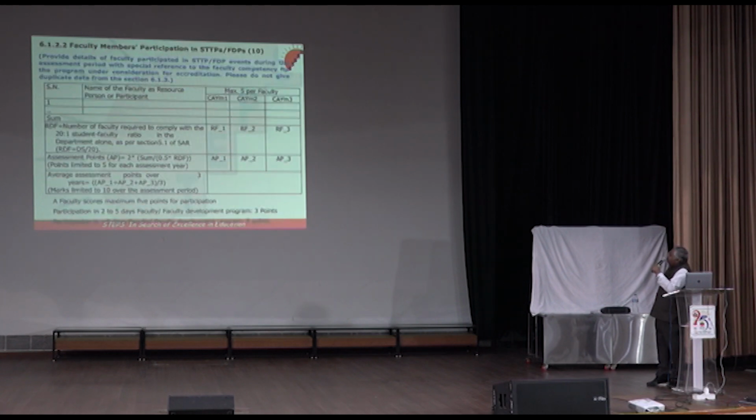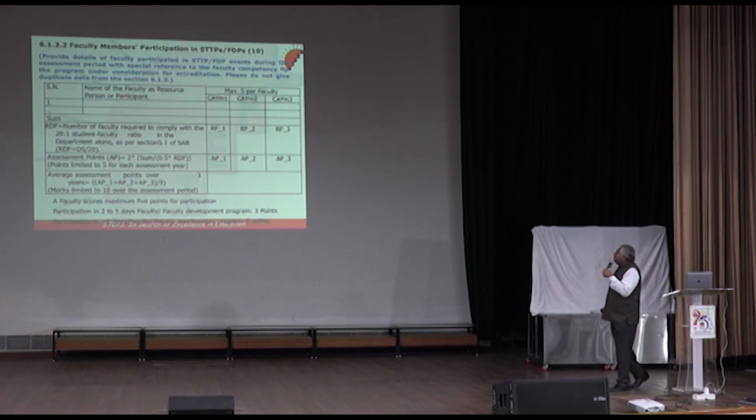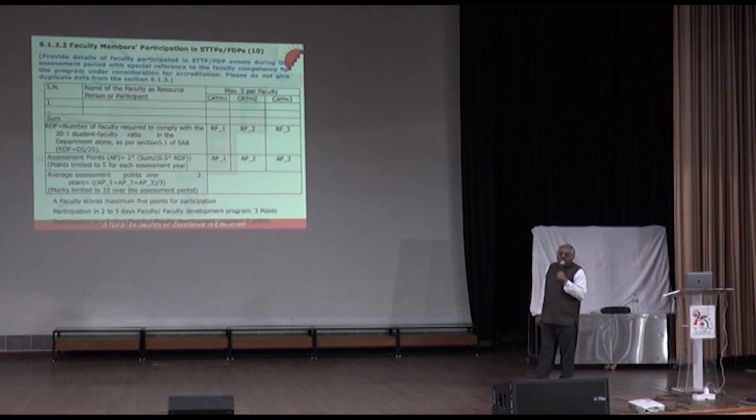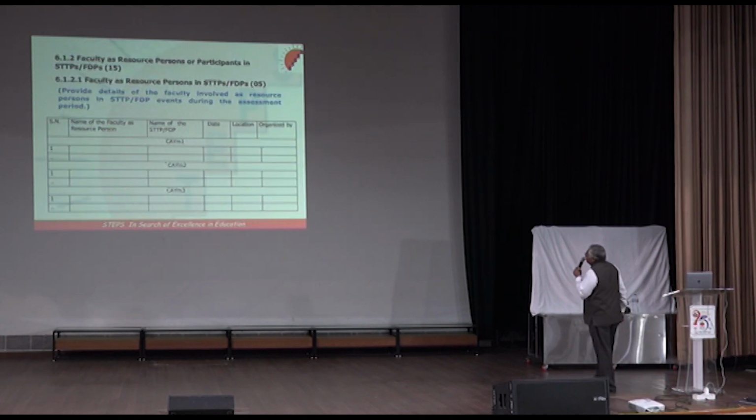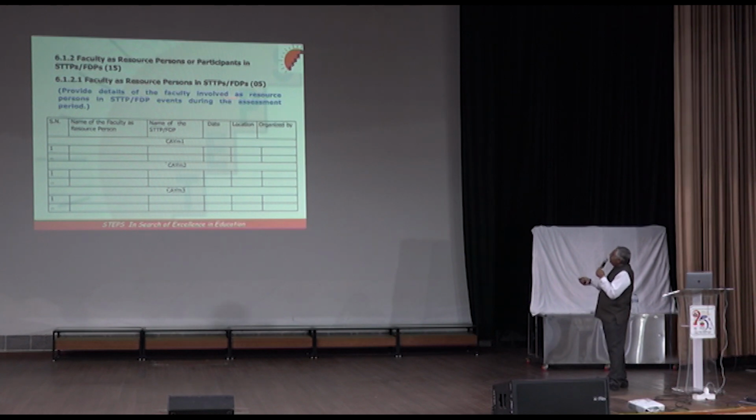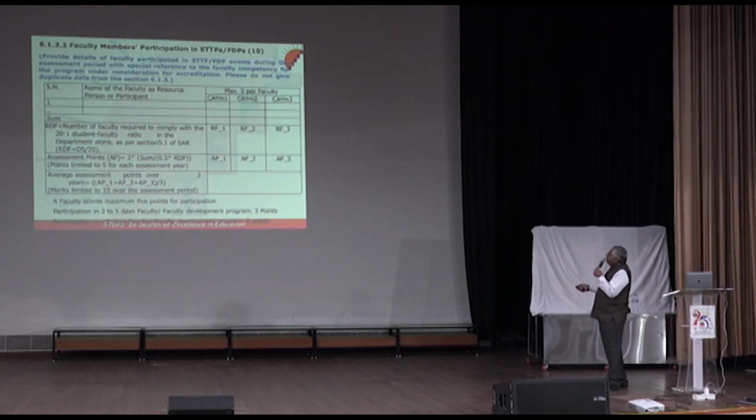Then second is faculty members' participation in STTP and FDPs. One is resource person and the other is participation in FDPs and STTPs. So these are two questions, and the total is 15 marks: 5 marks is for this and 10 marks is for this.